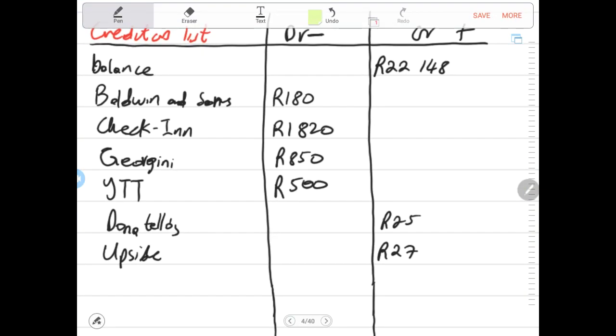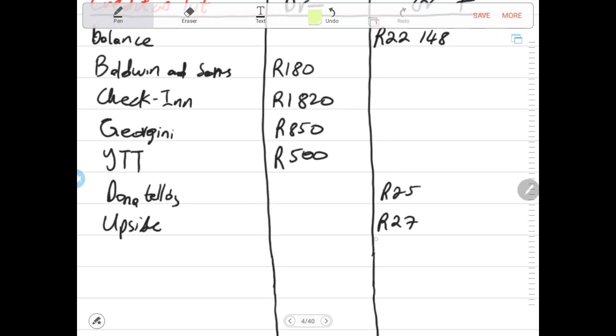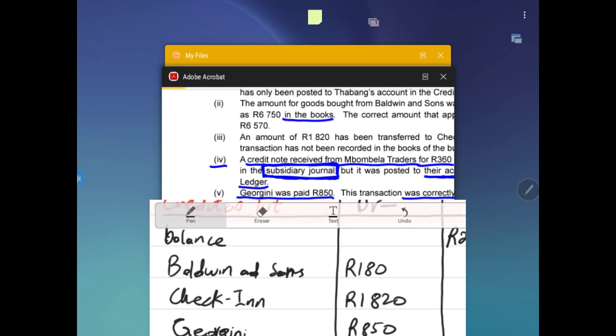If I were to give more details on this one, we recorded 4,258, and we are supposed to say plus 27 rand, so that the total of these two gets to 4,285.